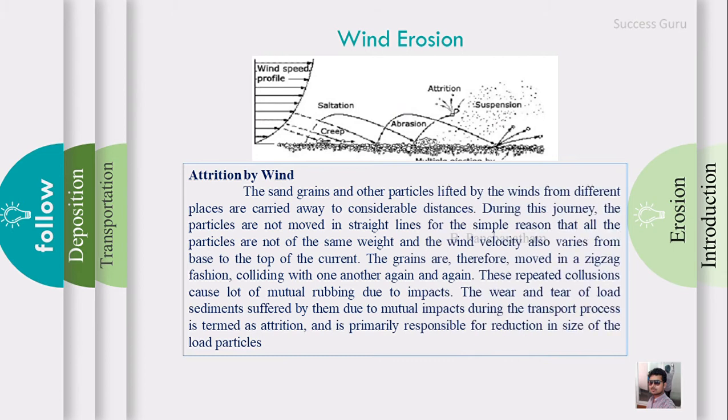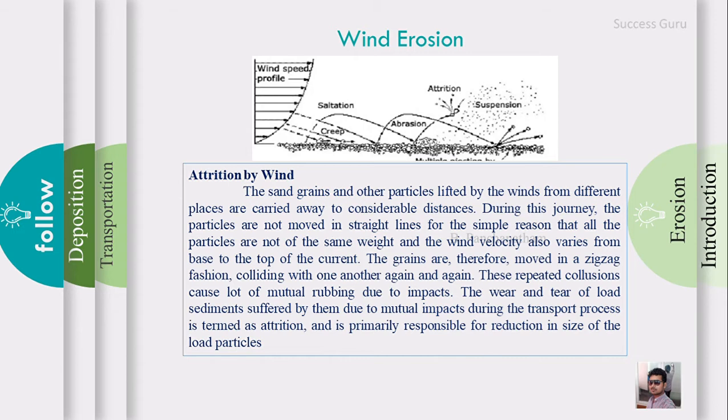The next one is attrition by the wind. The sand grains and other particles lifted by the wind from different places are carried away to a considerable distance. During this journey, the particles do not move in a straight line for a simple reason: all the particles are not of the same weight, and wind velocity also varies from the base to the top of the current.